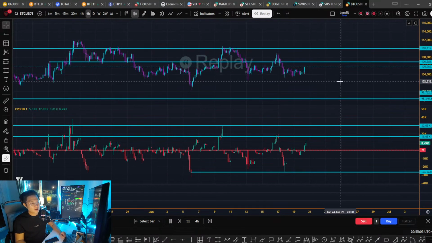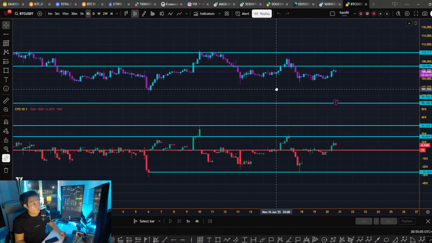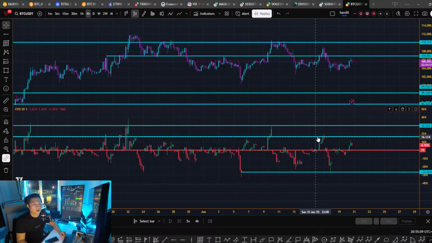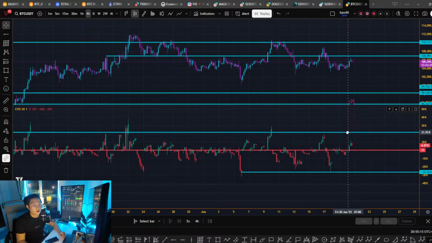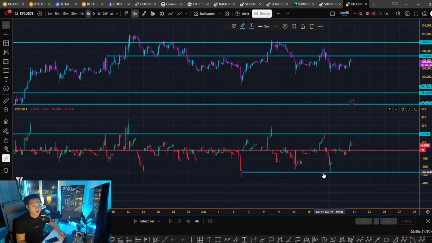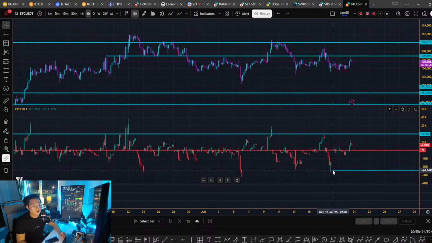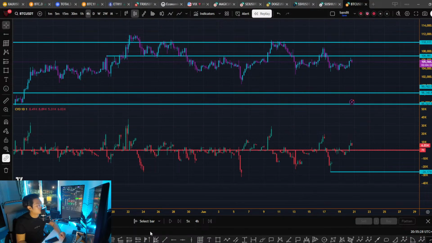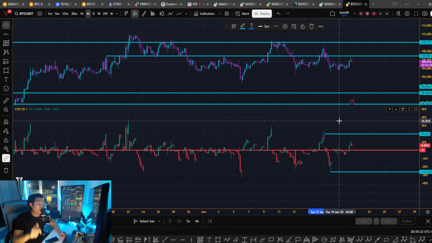Let's see until we find some proof that can show a break of this or this one. So right now we delete this one and this one. This is the middle and this is the bottom. This is the current price of Bitcoin right now.